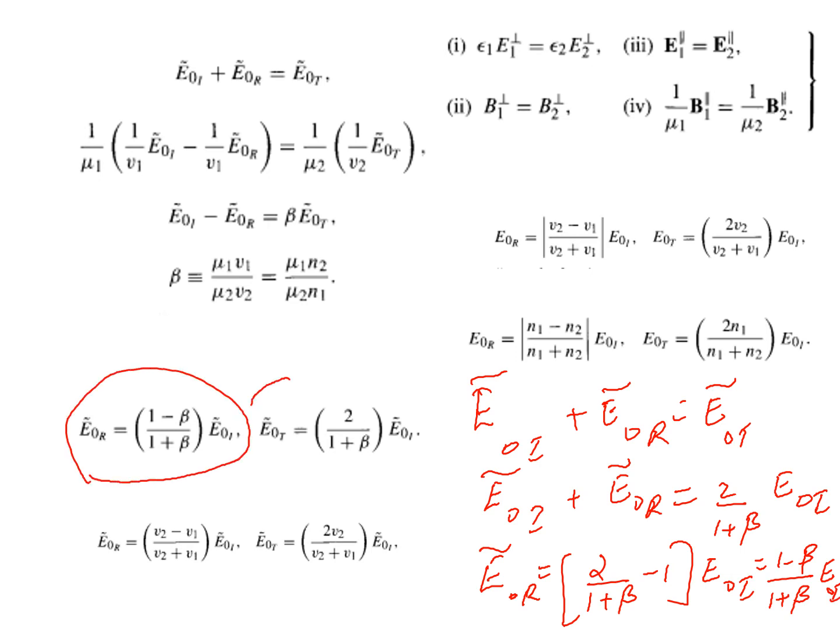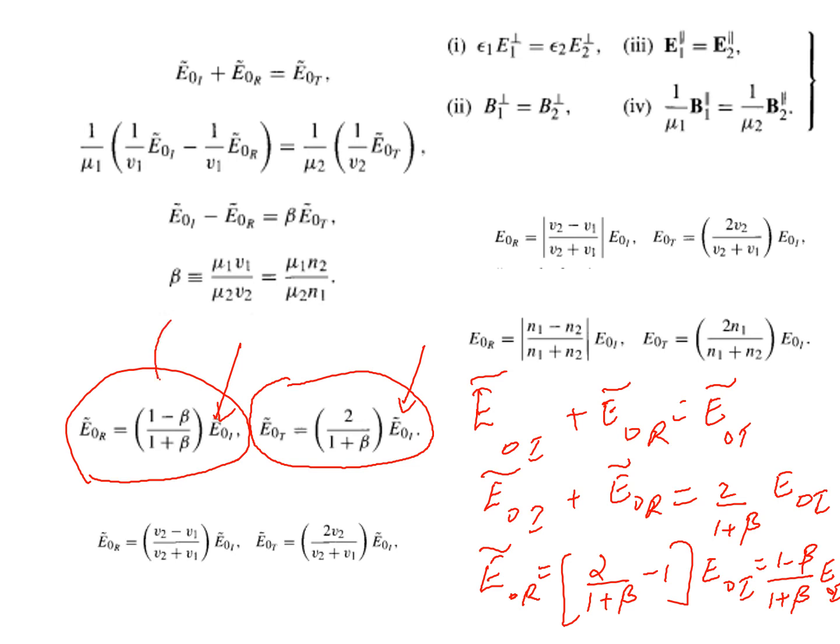So hence we got the expression for E0R and E0T in terms of E0I, which is the only known thing. We know E0I, that means the incident parameters. Using that, we have to calculate the reflected parameter and the transmitted parameter. And there is a term beta.